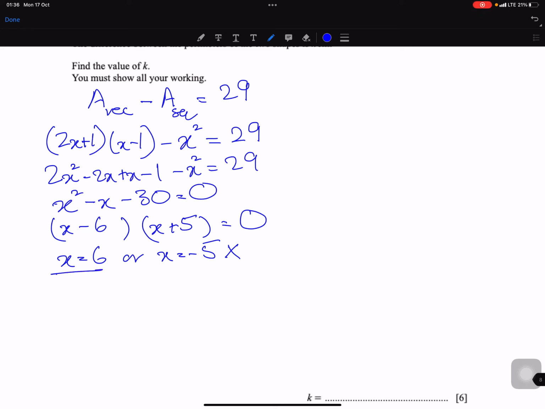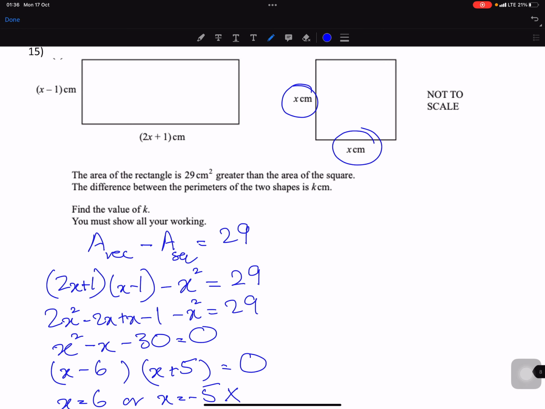So if x is equal to 6, we want to find k, and k is the perimeter of the rectangle minus the perimeter of the square. So remember, x is 6. Okay, I'm going to put a 6 here, 6 here, and 6 here. So the perimeter is 24.